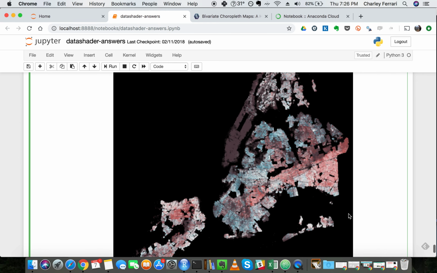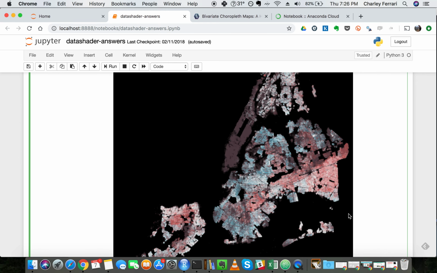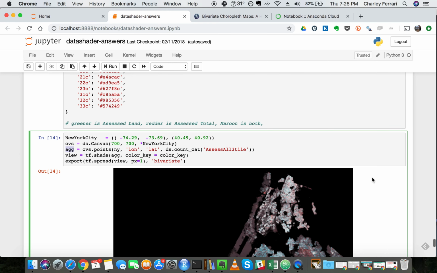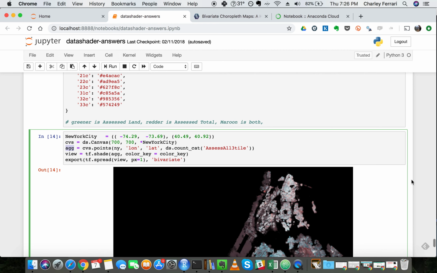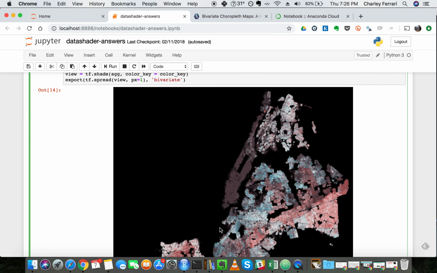And we definitely have an interesting distribution here. You see clear areas, in this belt over here we have our redder areas where these are perhaps overbuilt. We have structures that have higher value than the land relative to the other structure-land pairs. We have some areas where we're greener, that's when assessed land is higher than assessed structure.